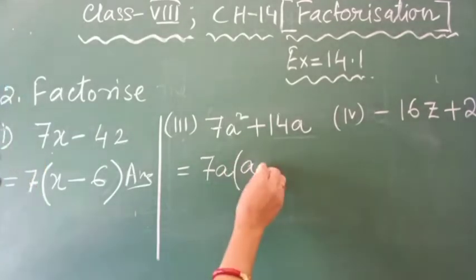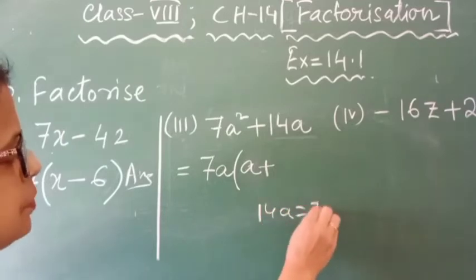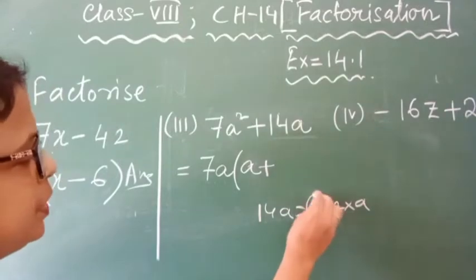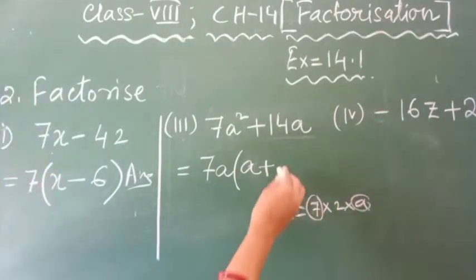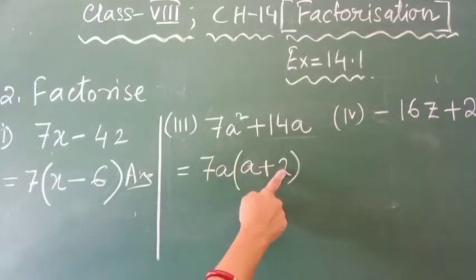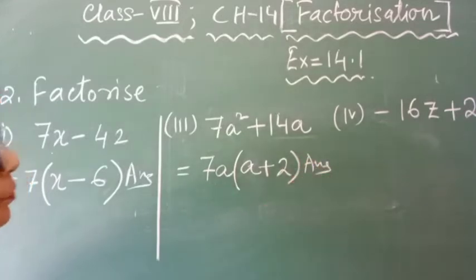Now plus 14a. 14a means 7 into 2 into a, and I have taken 7 and a outside, only 2 is left. So I will write 2. If I multiply this with this, then 7 into 2, 14a. And this is the answer of this sum. Isn't it very easy?